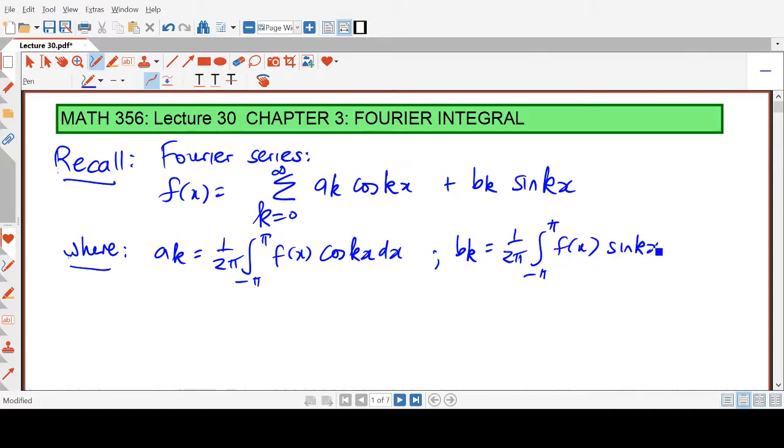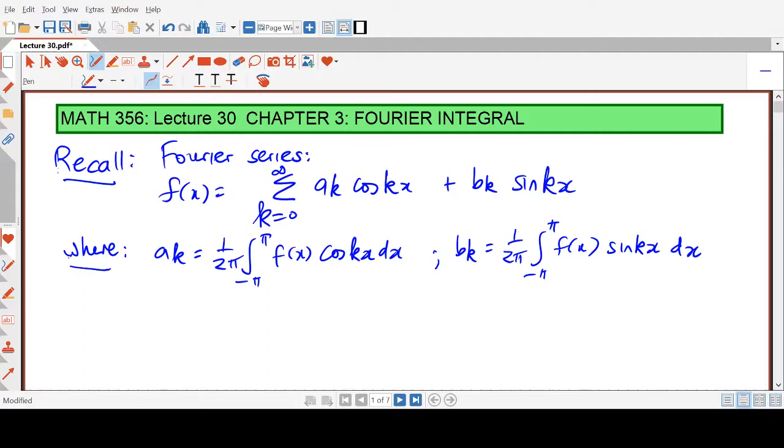As long as you can do these integrals, you can then work out the coefficients, what goes in front of this. The Fourier coefficients were these things here. So that assumes that the period of the function was 2 pi.